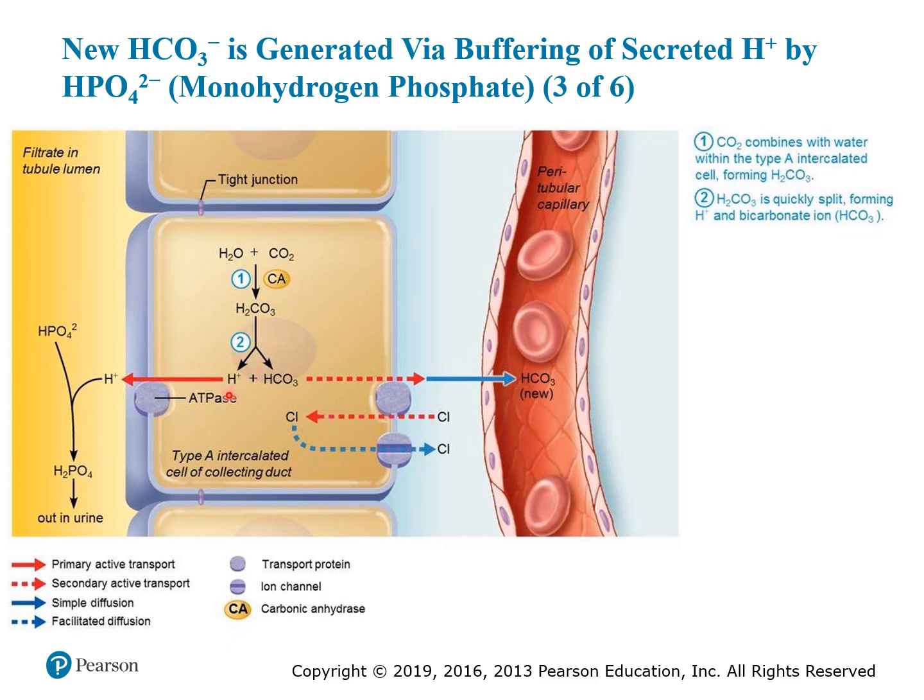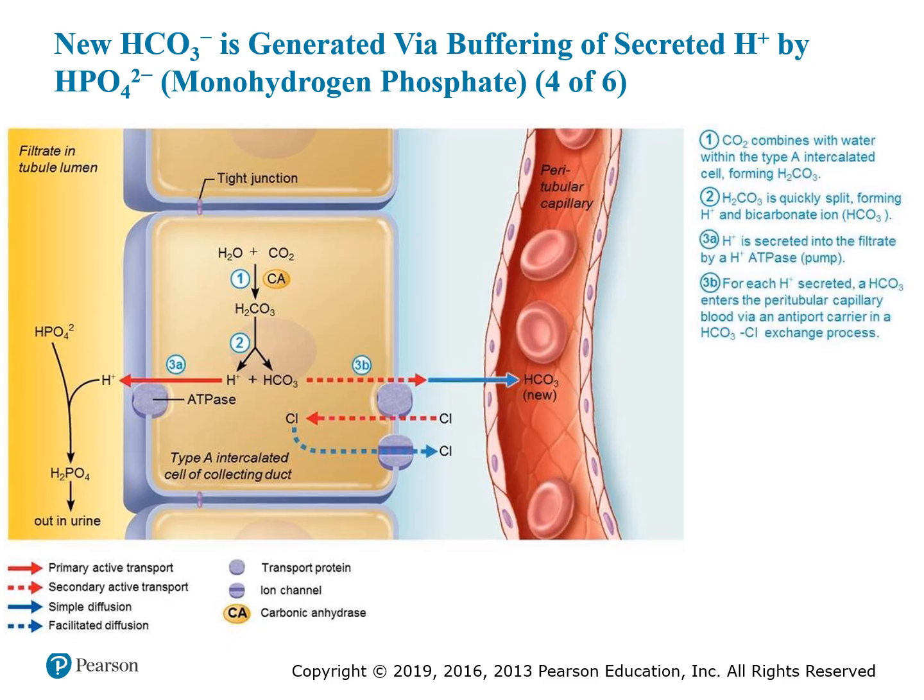This carbonic acid quickly dissociates into hydrogen ions and the bicarbonate ions. In step 3, the hydrogen ion is secreted into the lumen, and the bicarbonate ion is absorbed into the blood, and it goes through this chloride bicarbonate antiporter, which is present in the intercalated cell.